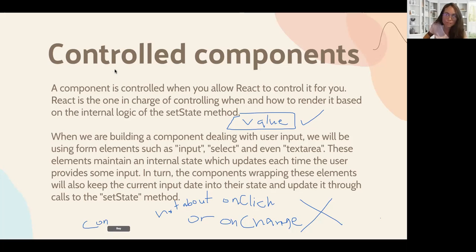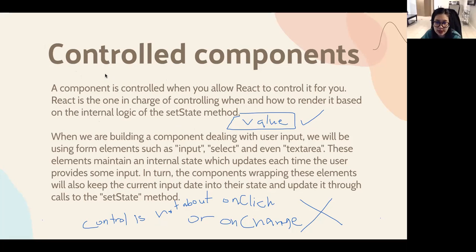Oh yeah, so basically React uses value to control, and we just use onChange to trigger when the user types data. Yes, I just want to clarify that. Controlled or uncontrolled is not about onClick or onChange.